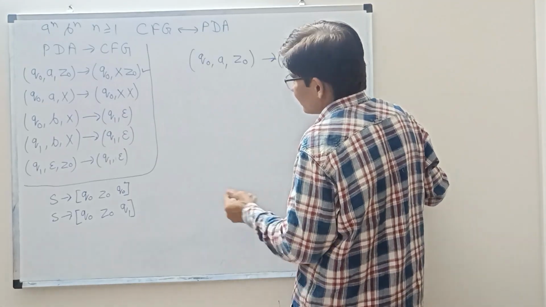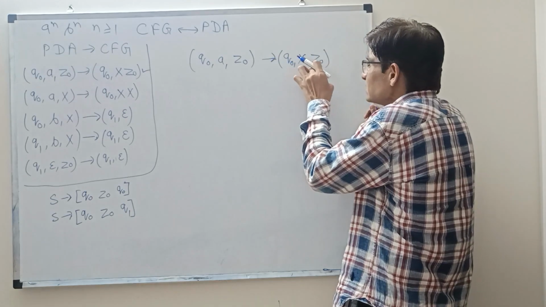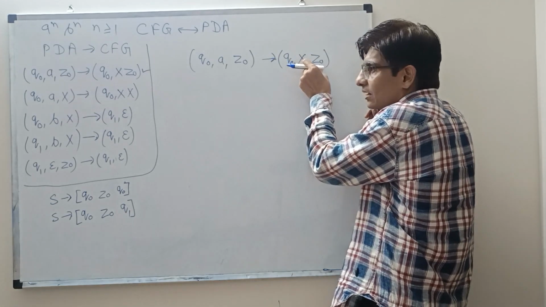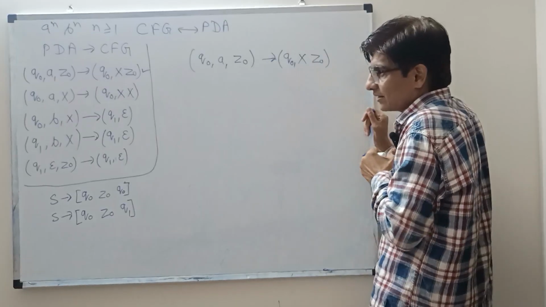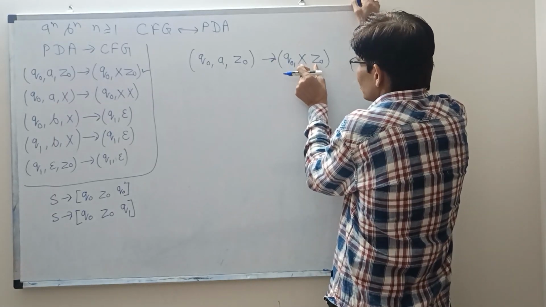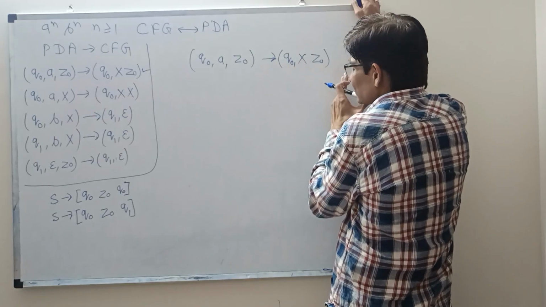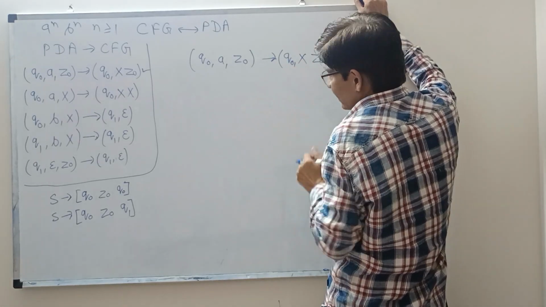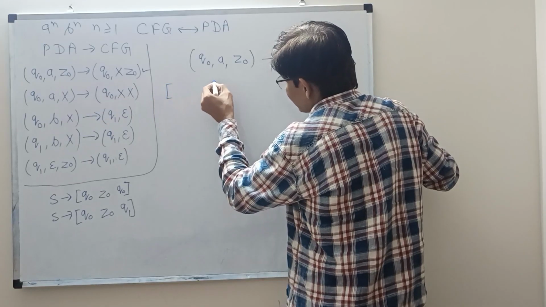Now how many variables will be on the right hand side? As many symbols as you have in the string of grammar stack symbols, that many variables will be on the right hand side of each production. Here we have two symbols in the string, so each production rule will have two variables on the right hand side. So these would be like this.